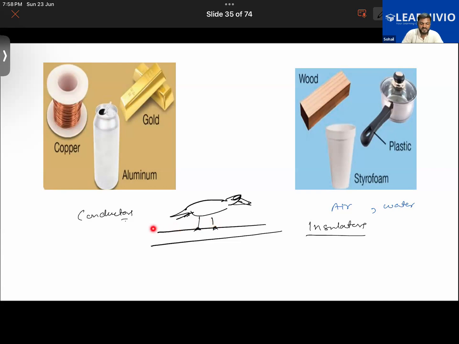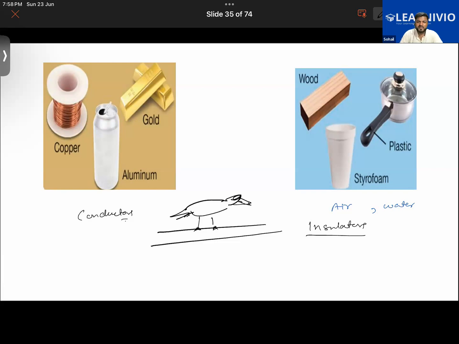So electricity stays in this wire and it stays in its body. But if a bird touches the power line or equipment that is grounded, that is touching the ground, it will give electricity a path to the ground and the bird could be electrocuted.